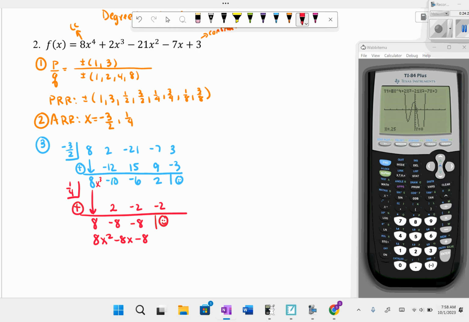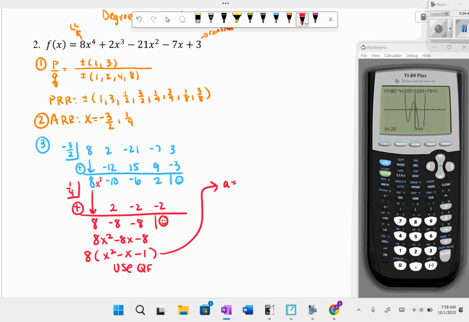So I know that since these are irrational, this is not going to be factorable, but if we try to factor, you can take out your greatest common factor of 8. Then that becomes x squared minus x minus 1, but there are no factors of negative 1 that add up to negative 1, so that means we have to use the quadratic formula.